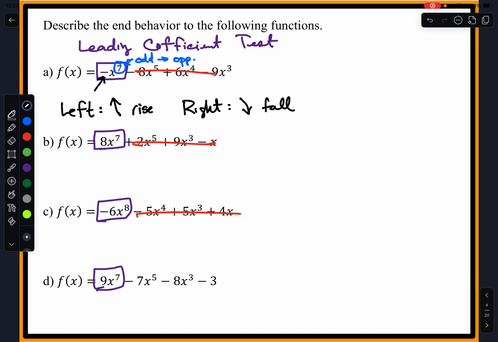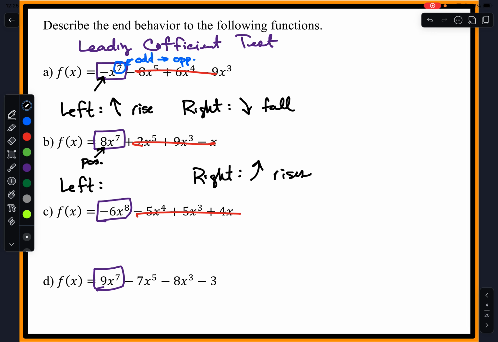Now let's say that this number was, instead of a negative number, a positive number. Whether that positive number is 8 or 1, this value right here is positive. It affects the end behavior on the right side: instead of falling, it now rises. It's going to move upwards.